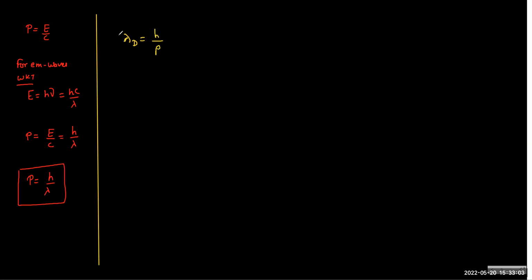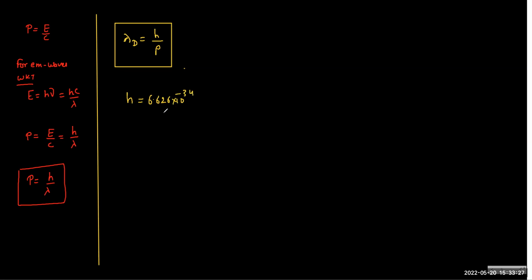Anything with momentum will have a lambda de Broglie. Now the problem is that the wave character of matter is not perceptible by any technological advancement. The reason is h itself is very small, right? Yes, sir.